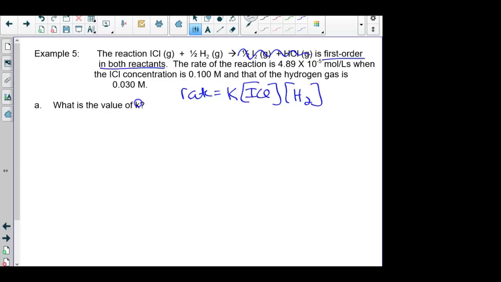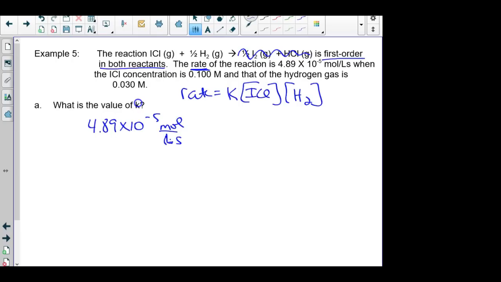All right, so it says, what is the value of K? It gives us some more information. It says the rate of the reaction, the rate, different than rate constant, the rate of the reaction is 4.89, so we can say then, following and substituting in, 4.89 times 10 to the -5 moles over liter seconds.